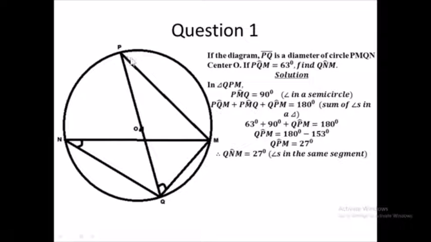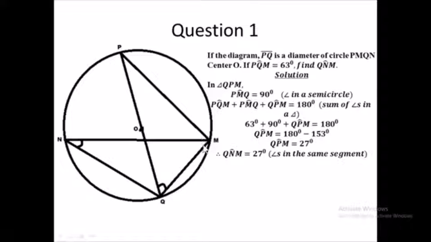Look at this chord QM and this chord PM joined to the diameter. They meet at this angle here. That means this angle PMQ is 90 degrees, because of what we proved in the last video. So that's why angle PMQ is equal to 90 degrees. The reason being the angle in a semicircle.